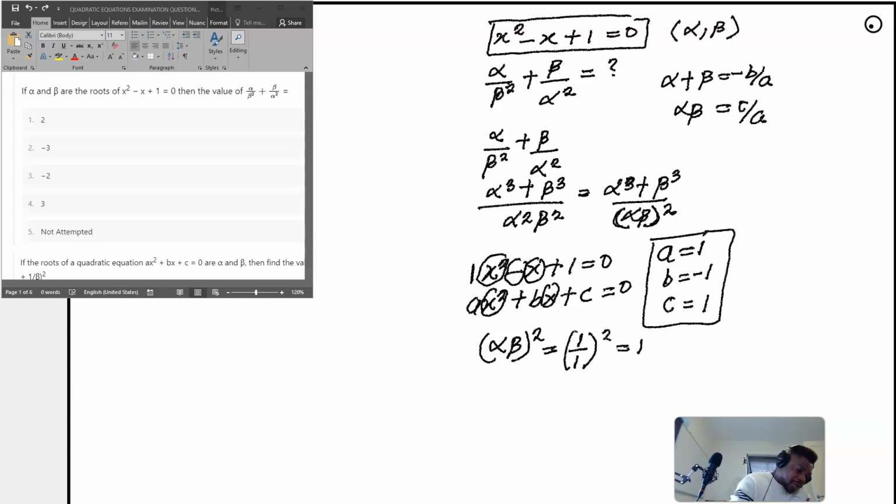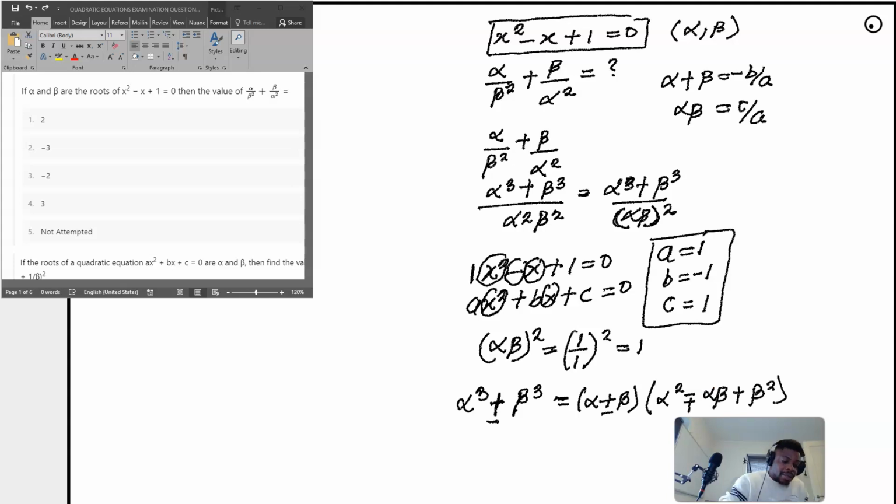The next thing we need is alpha raised to 3 plus beta raised to 3. Recall, I gave a formula for this in my previous video. For those of you that have not seen it, click on the top right hand corner to see the video. The formula says alpha cubed plus or minus beta cubed is the same as alpha plus or minus beta, bracket, alpha squared minus or plus alpha beta plus beta squared.